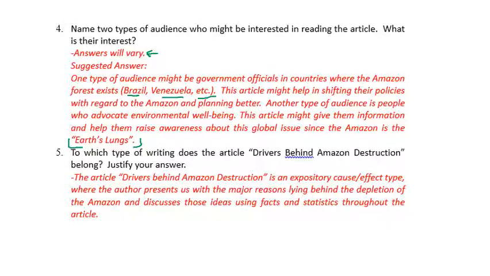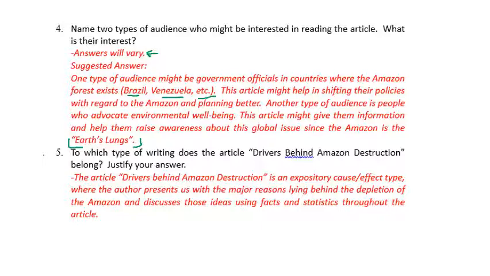So, number 5, to which type of writing does the article Drivers Behind Amazon Destruction belong? Justify your answer. We know that there are 4 major types of writing. Expository or informative, you have the persuasive, you have the descriptive, and you have the narrative. This article is giving us information.